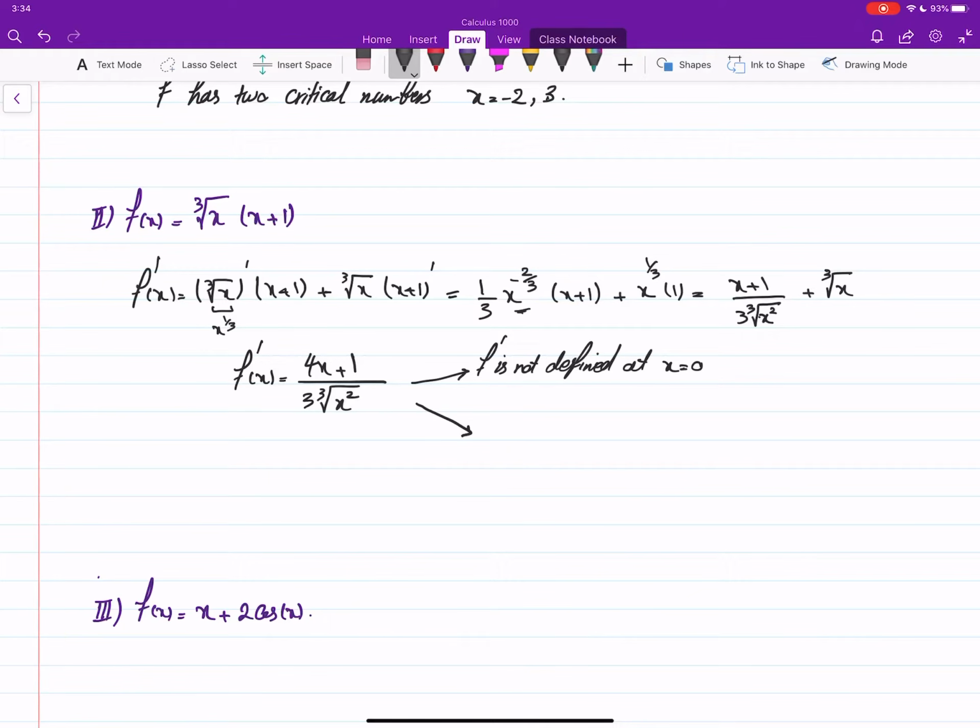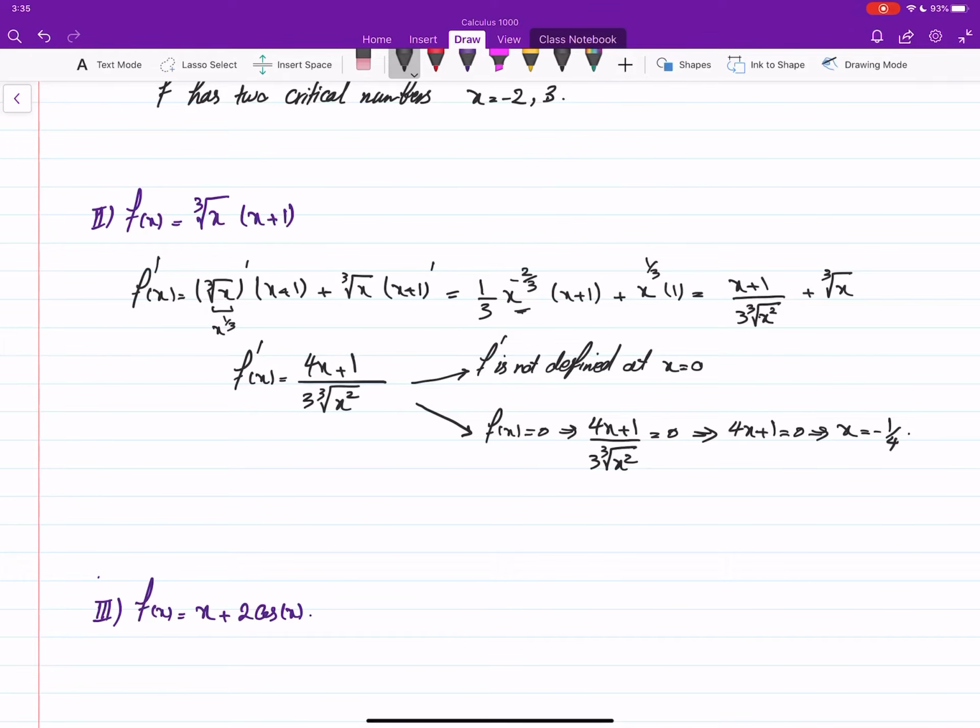Also, we can set f prime of x equal to 0, which gives us 4x plus 1 over 3 times the third root of x squared equals 0. A fraction is 0 if and only if the numerator is 0, and that means that x is negative 1 over 4.